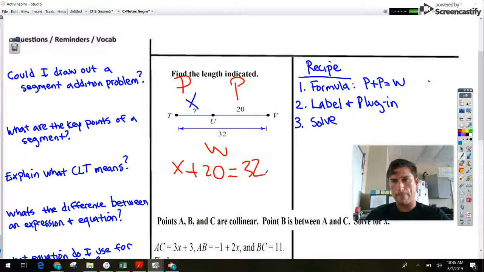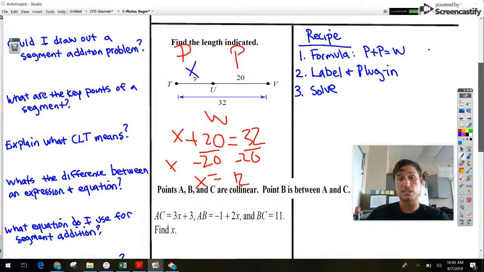Then we combine our terms. Numeric terms, we have 20 and 32. Anytime you jump the equal sign, you do the opposite. The opposite of addition is subtraction, so minus 20. So we have X equals 12. 12 plus 20 is 32, so you can always plug it back in and make sure it works. So that's your level 1.